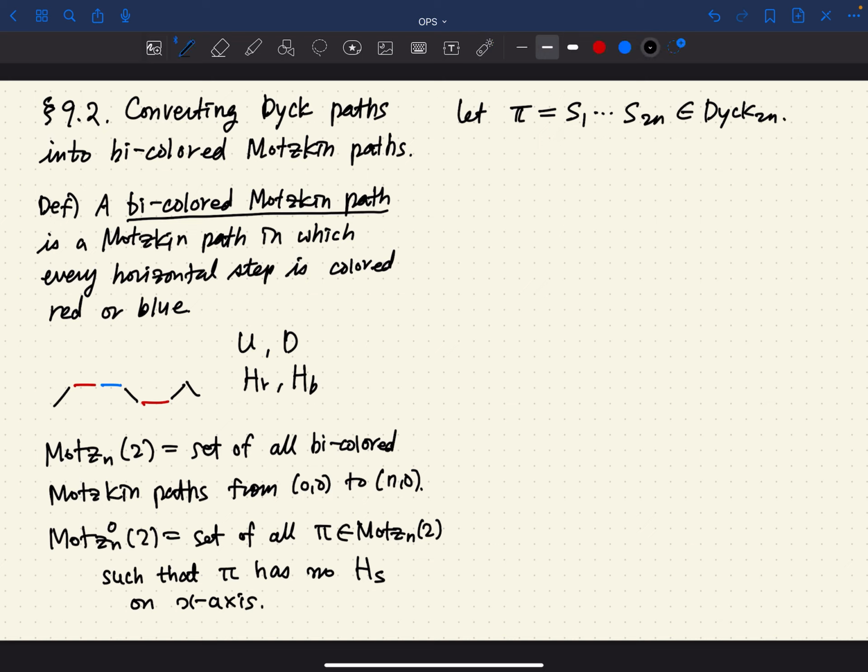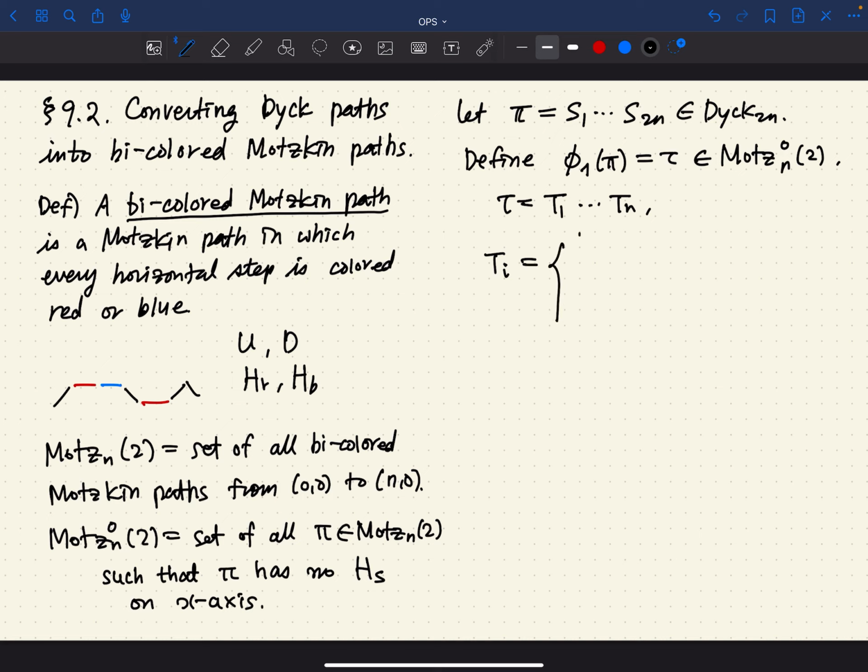And then we're going to define phi1 of pi to be a Motzkin path in Mach_n^(0), so that means horizontal steps on the x-axis are always red, in the following way. Tau is t1 through tn, where what is ti?